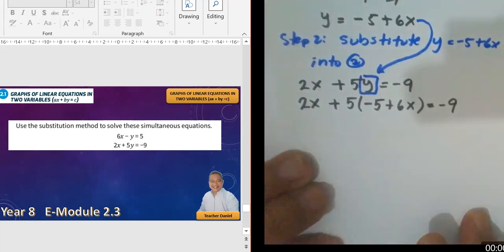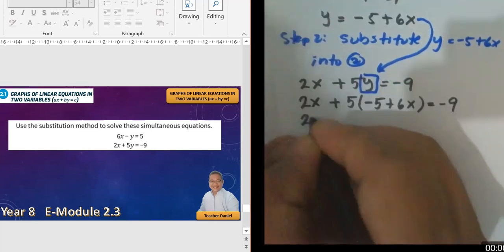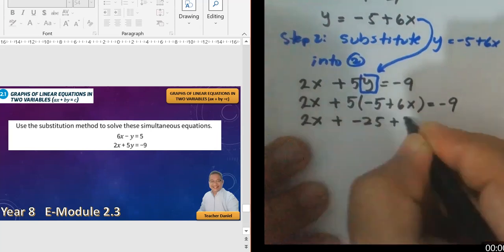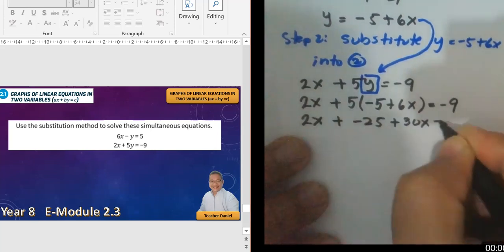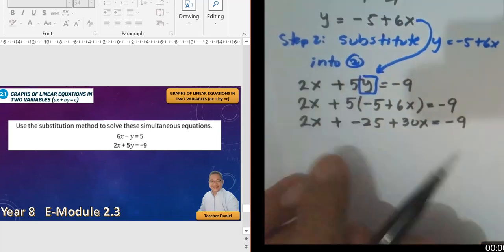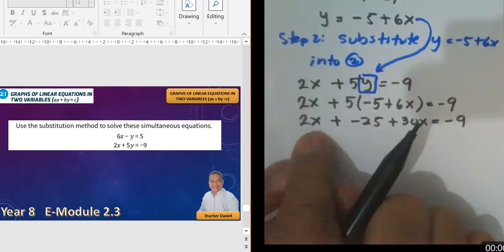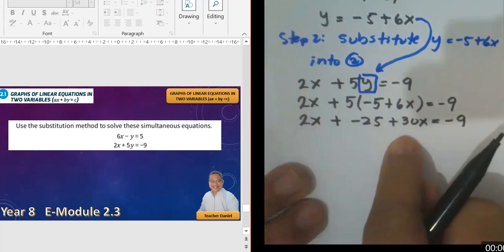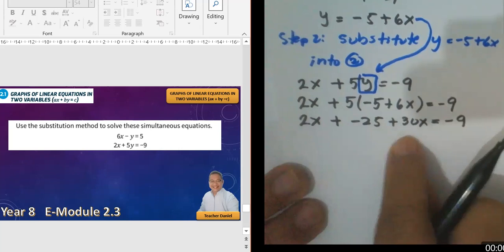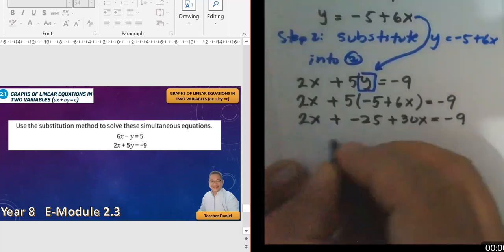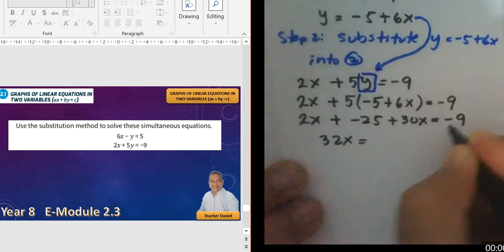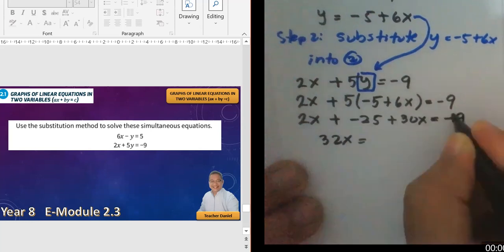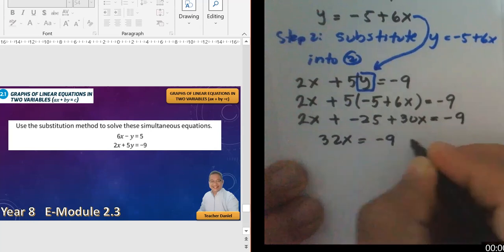All right, almost there. So you have the 2x plus -25 plus 30x equals -9. So we can now simplify that because 2x plus 30x is actually equal to 32x. So 32x is equal to this -25, you put into the other side, so -9, change the sign.